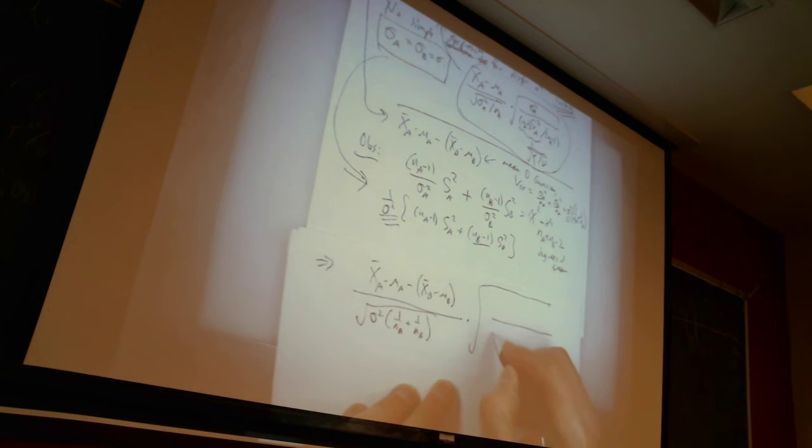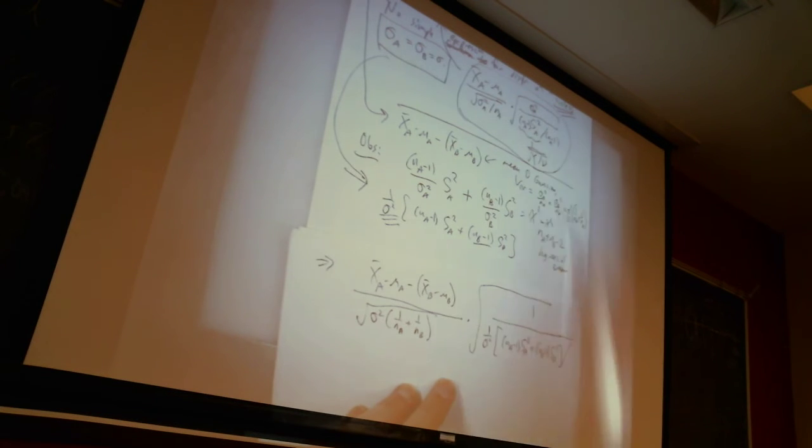So my independent y squared is a 1 over sigma squared times NA minus 1 SA squared plus NB minus 1 SB squared, which will be divided by the number of degrees of freedom.